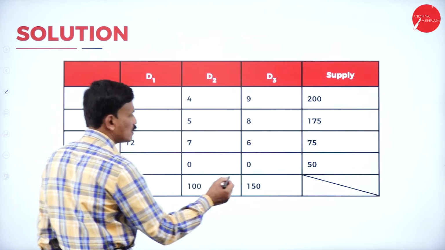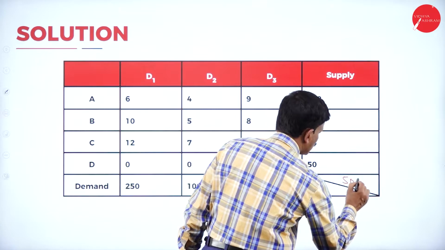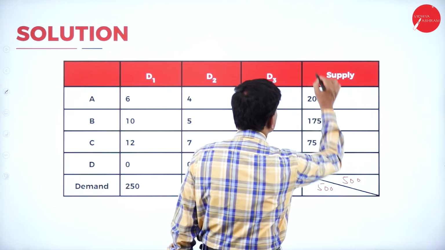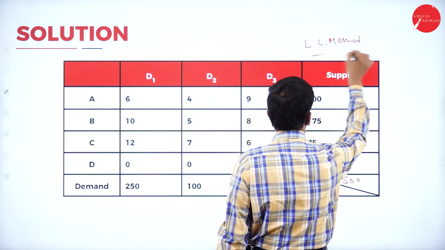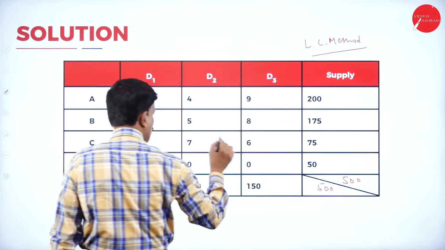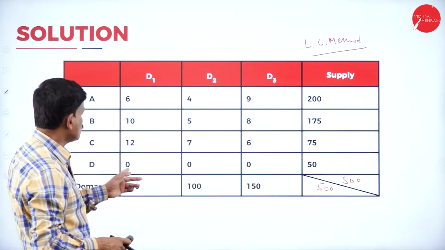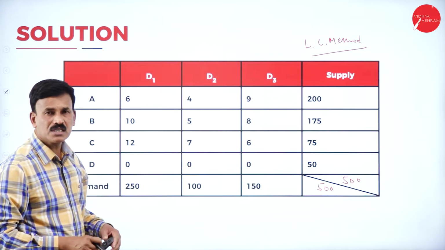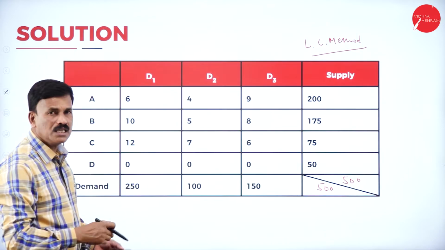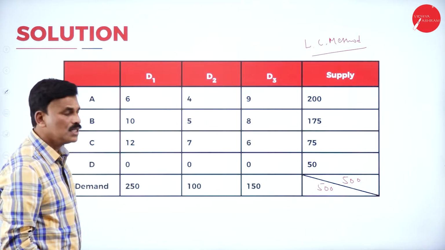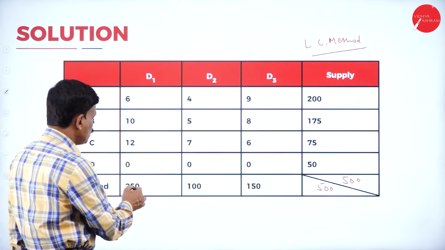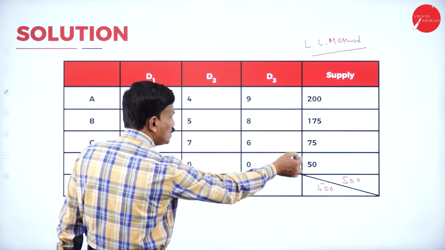The demand and supply are found to be 500. So, we can apply the least cost method for this. Now, just identify the least value. Here there are zeros in the last row. All elements are zeros. So, you can take any one from this. Let me consider this 0. Allocate. So, for this 0, the minimum value is the supply.